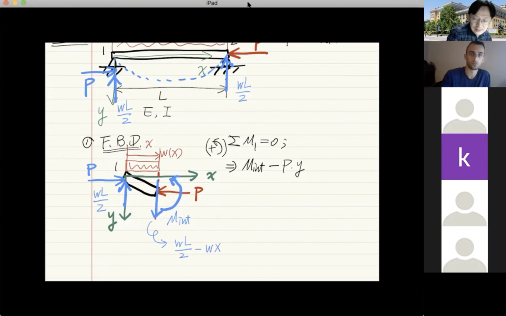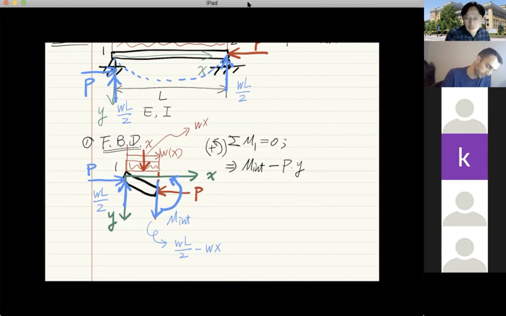Why Wx? Because that's the total vertical force from support 1 to the location of consideration. That means the summation of the vertical force at the top here is Wx.